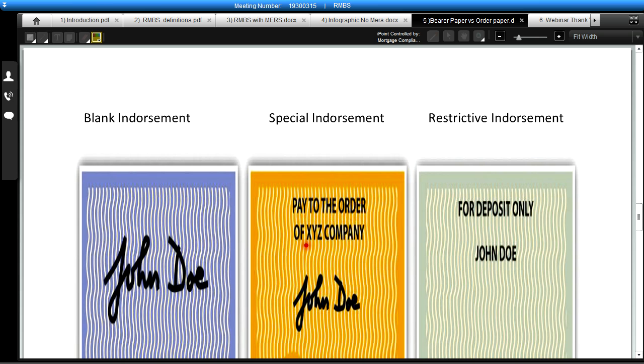When specially endorsed, the instrument becomes payable to the identified person and may be negotiated only by the endorsement of that person.